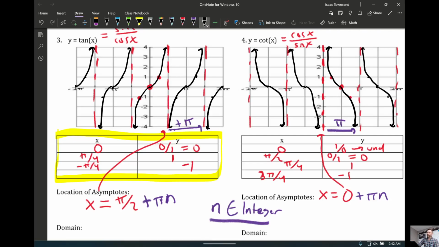Now in this one, of course, adding 0 doesn't really do anything, so we usually write it like that instead. So the first one's at pi over 2 for tangent, the first one's 0 for cotangent, and then all the others are integer multiples of pi away.